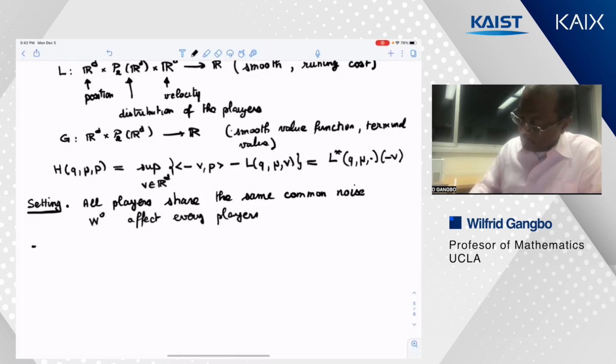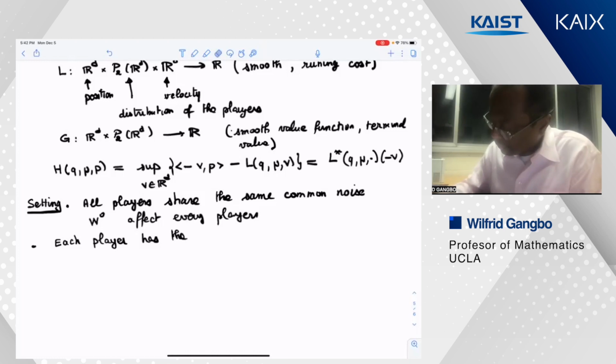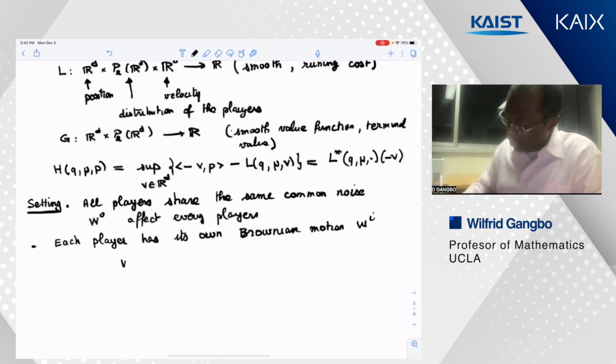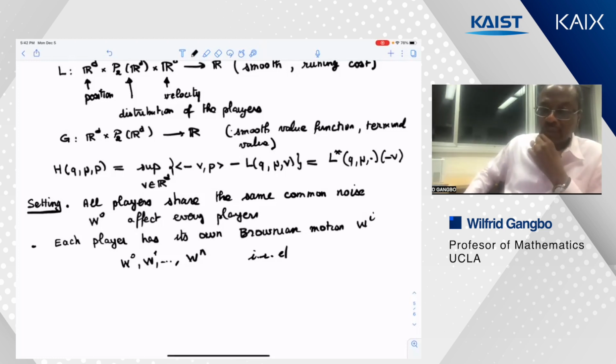The second assumption is each player has its own Brownian motion W_i, and W naught, W_1 to W_n are independent and identically distributed.